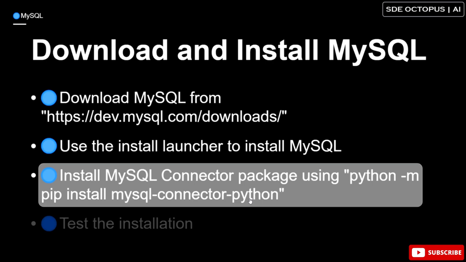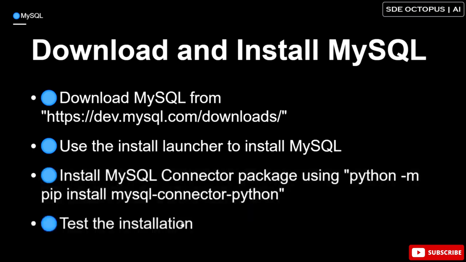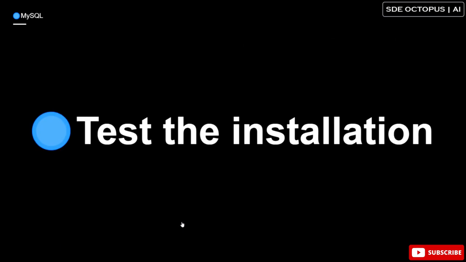We will use the pip package manager to install the MySQL connector to use MySQL in Python easily without any errors. And after installing it by using pip, we are going to test the installation by using the import statement to import the MySQL connector. Let me show you that in action.